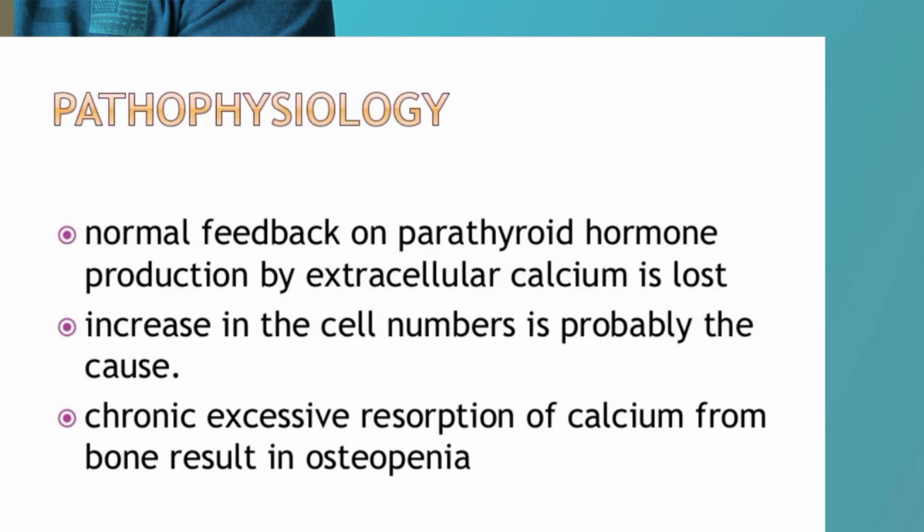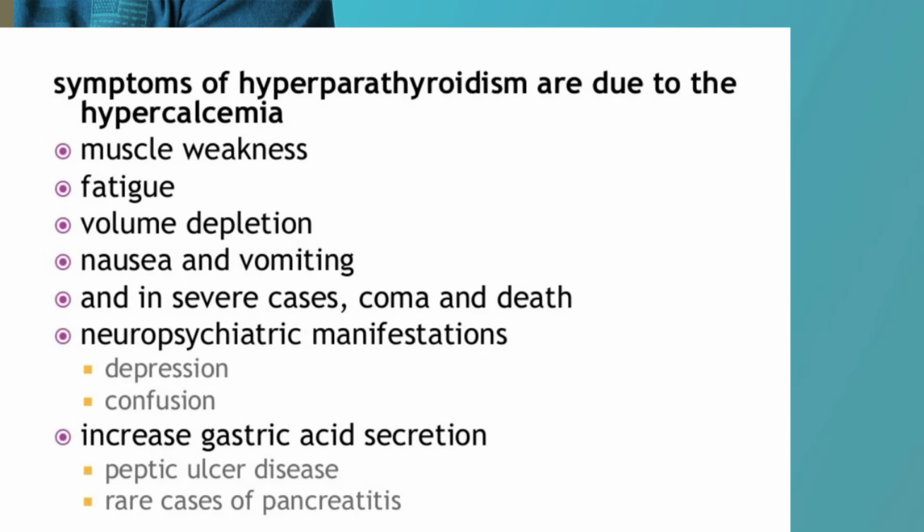For the pathophysiology, the normal feedback of the parathyroid hormone production is lost. Ideally, we can have an increase in the cell numbers and also the adenomas that we've talked about. The signs and symptoms due to hypercalcemia include muscle weakness, fatigue, nausea and vomiting.